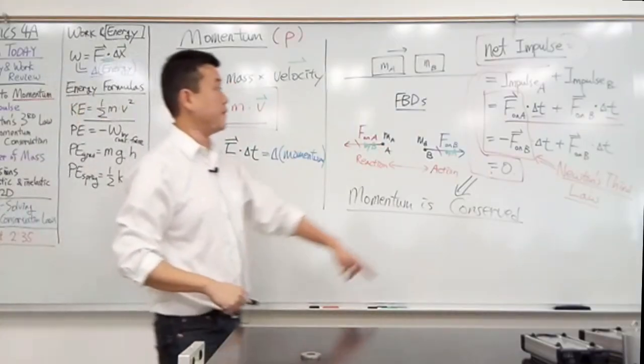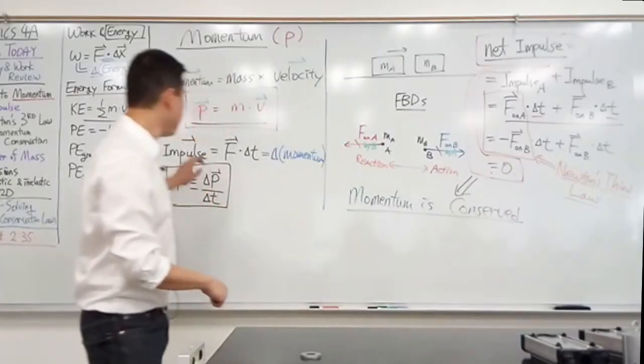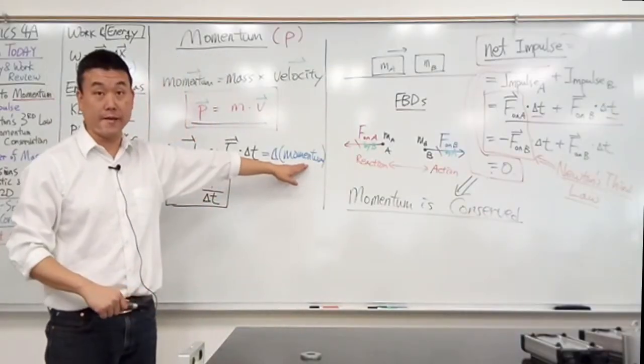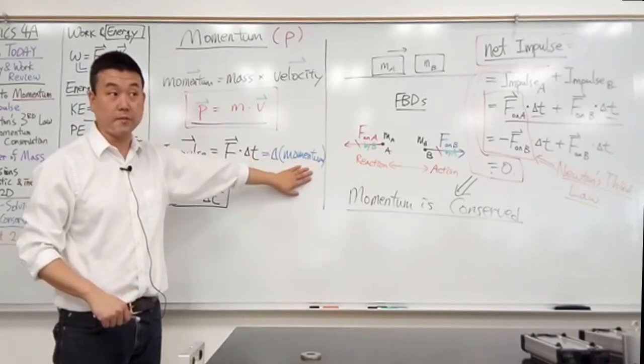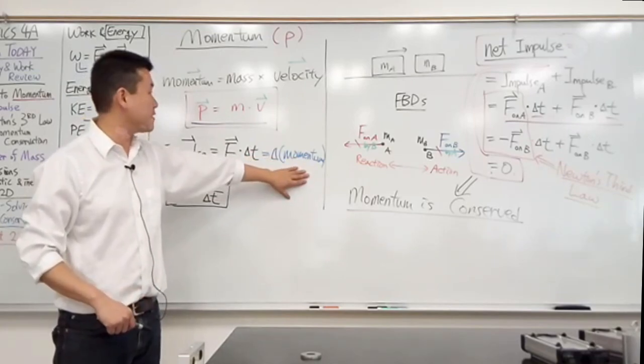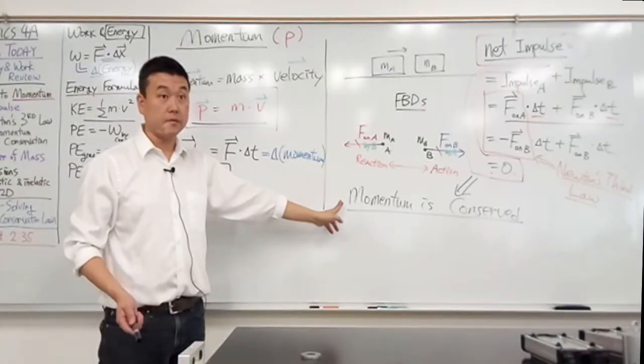As in, if net impulse is equal to 0, then, net impulse is what gives change of the total momentum. If net impulse is equal to 0, change in total momentum is 0. If momentum is not changing, that's what it means for it to be conserved.